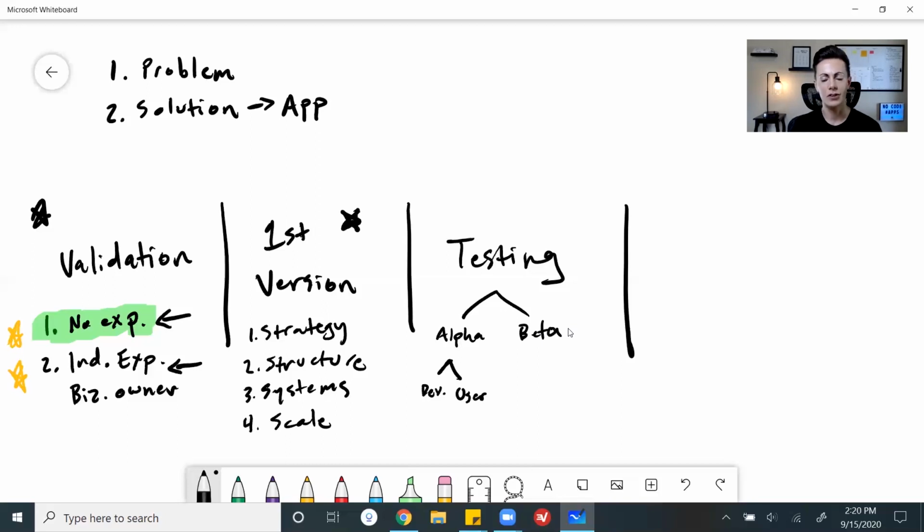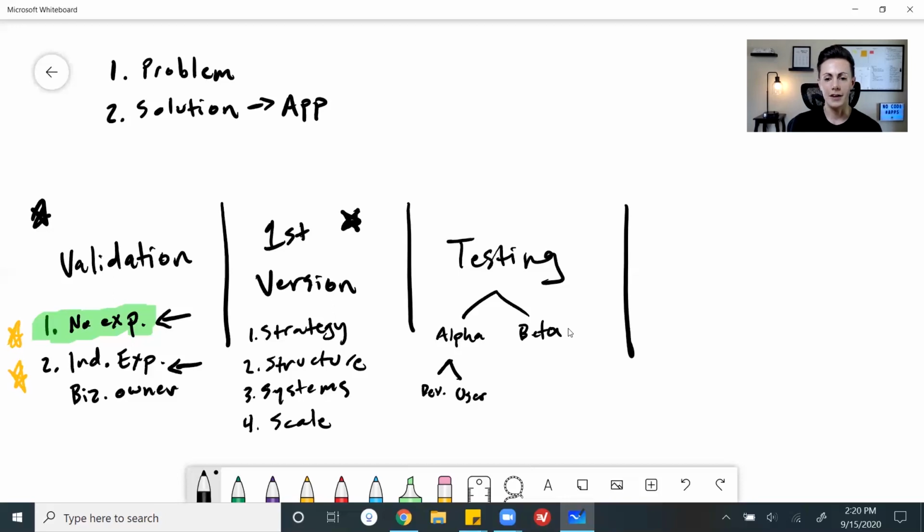And the beta testing is really when you start bringing users consistently into your app, or rather you have them consistently using the app. And so we're not just testing for functionality, now we're testing for effectiveness and for adoption. Are users actually able to consistently use this, to consistently and effectively solve the problem that it has been created to solve?